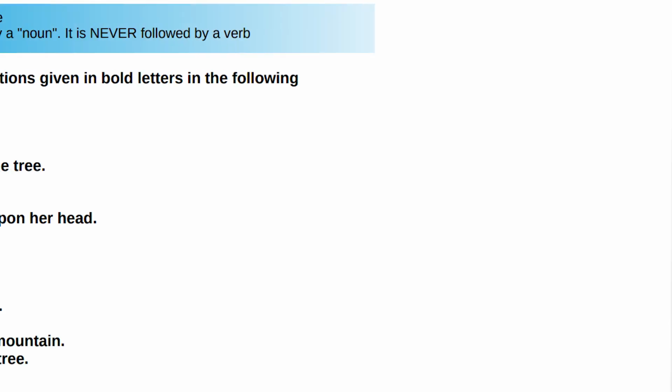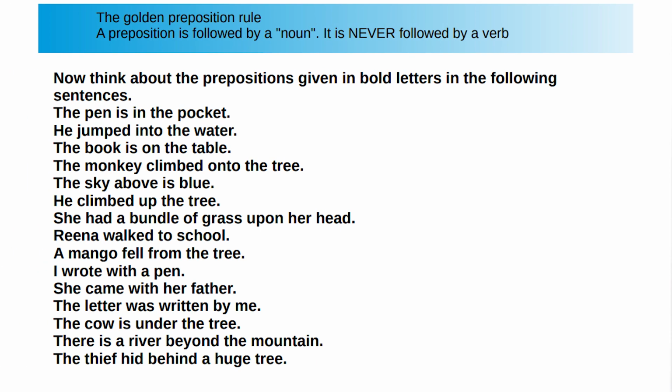Now there is a last golden rule about the preposition. A preposition is always followed by a noun and it is never followed by a verb. Now, summing up all these things, I will give you some examples where the prepositions are used. First one is, the pen is in the pocket. The preposition is in.